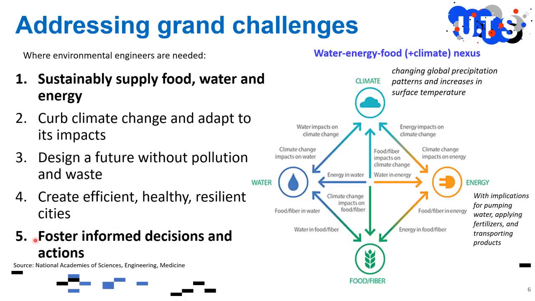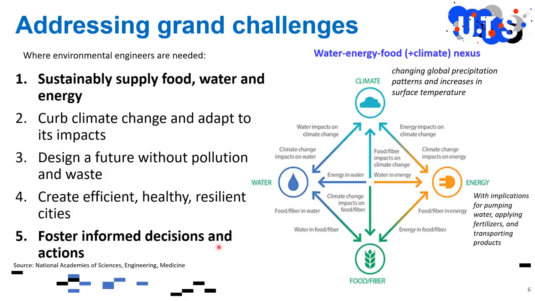And the last one that they have mentioned in the report is foster informed decisions and actions. And this is where also we are going to discuss more in our class, because this is related to informing not only those decision makers, but also the stakeholders. All right. So this is about connecting with the stakeholders in order to achieve the best result for a specific approach or a project.